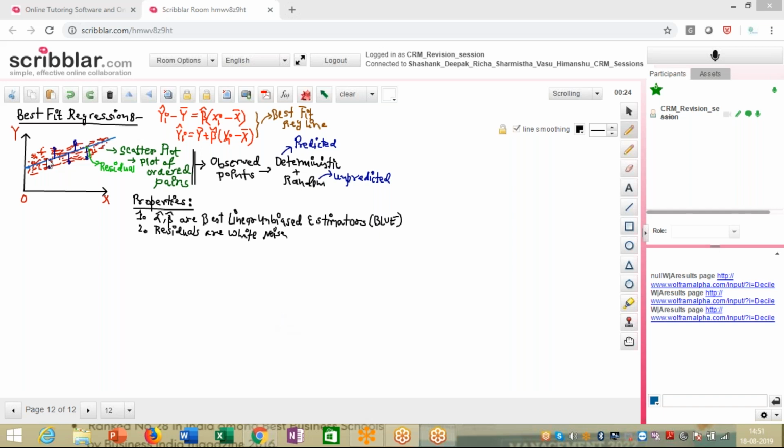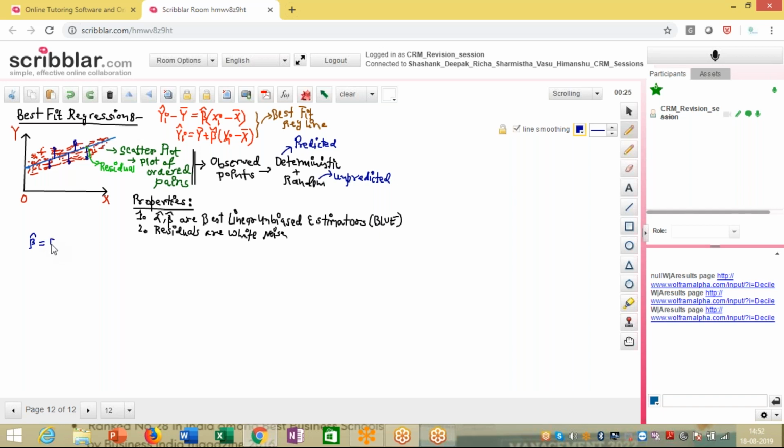So let's start. First of all, I'll start off with the formula of beta hat OLS that we defined yesterday. How did we define beta hat OLS yesterday?